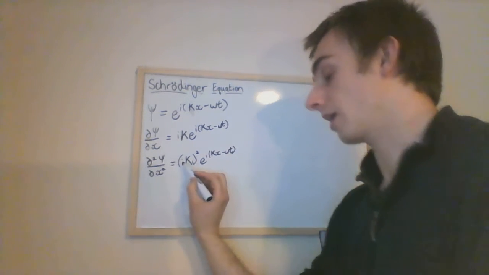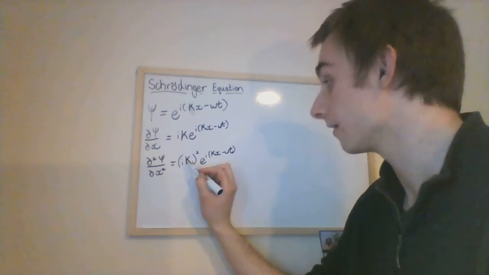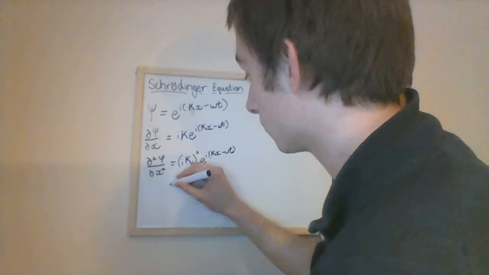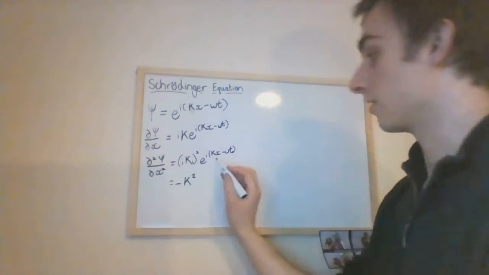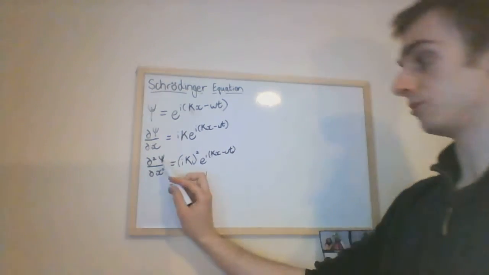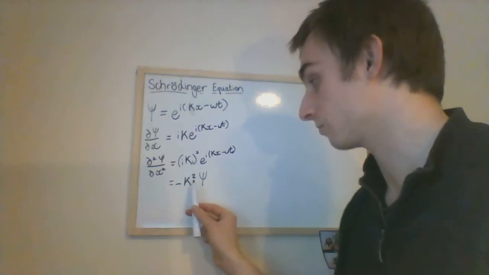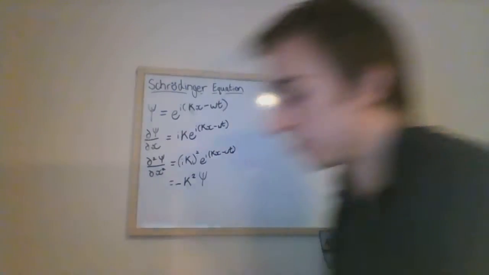And we know that i is the square root of -1, so if we square it we get -1. So that equals minus k squared times the wave function, which we know what he's called up here. So we have d2y by dx squared equals minus k squared times the wave function.